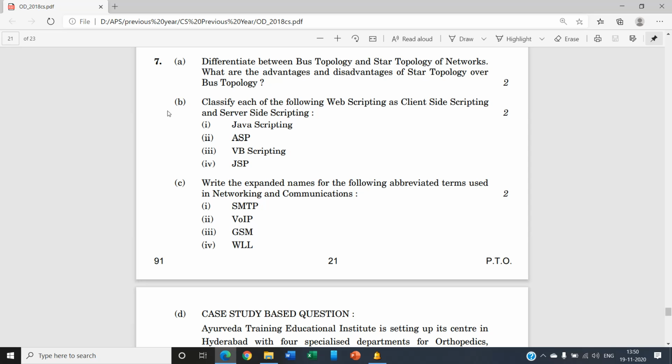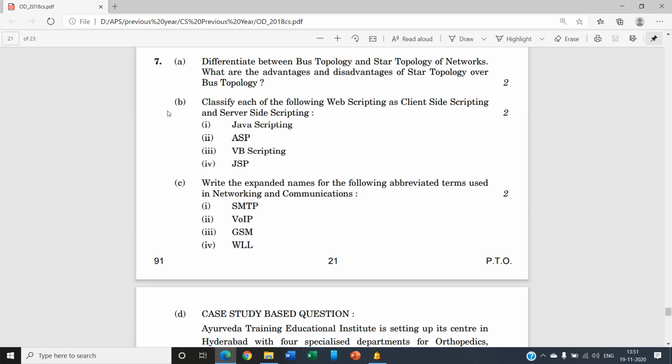But in a bus topology, it is very difficult. And secondly, if the whole network is down, that means your switch or hub is not working. That's why it is easy to debug.